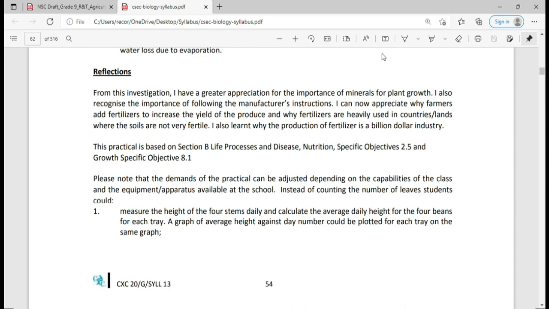Specific objective 2.5 and growth, specific objective 8.1. So growth came from specific objective 8.1 and the nutrition part of a lab came from specific objective 2.5, all must be documented in your reflection.